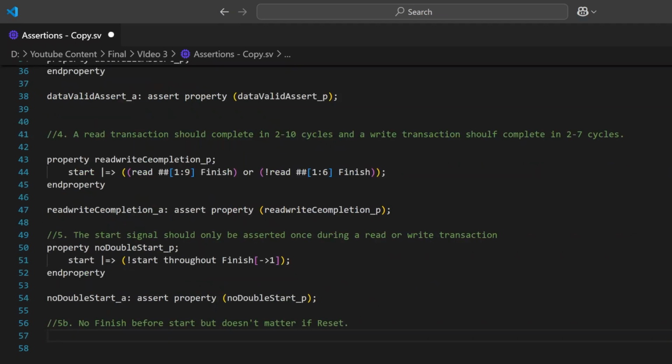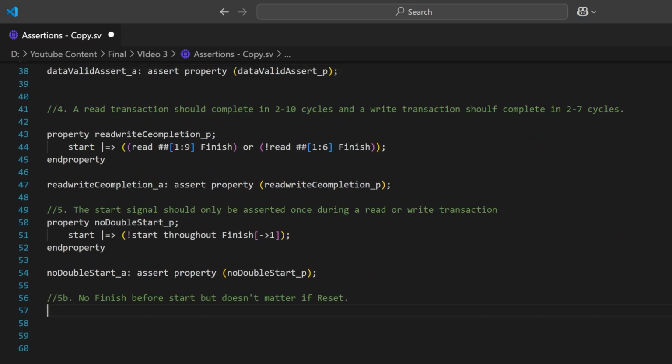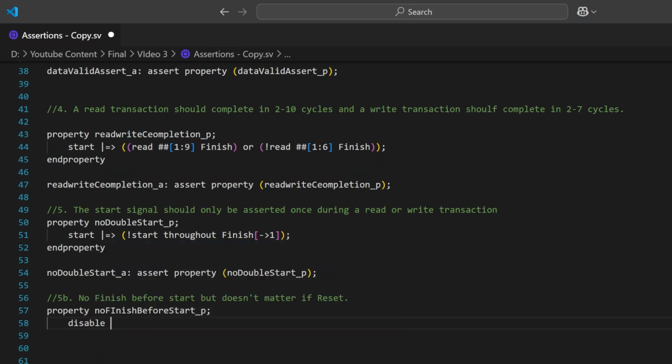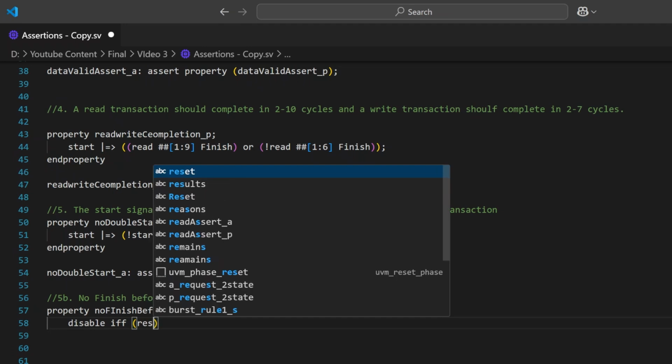So let's begin with our property. I will name this no finish before start, and I will write disable iff the reset is asserted.